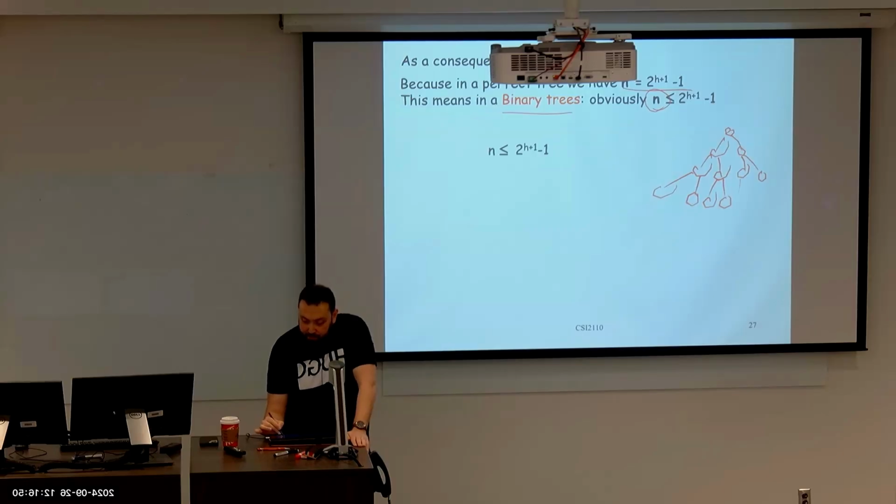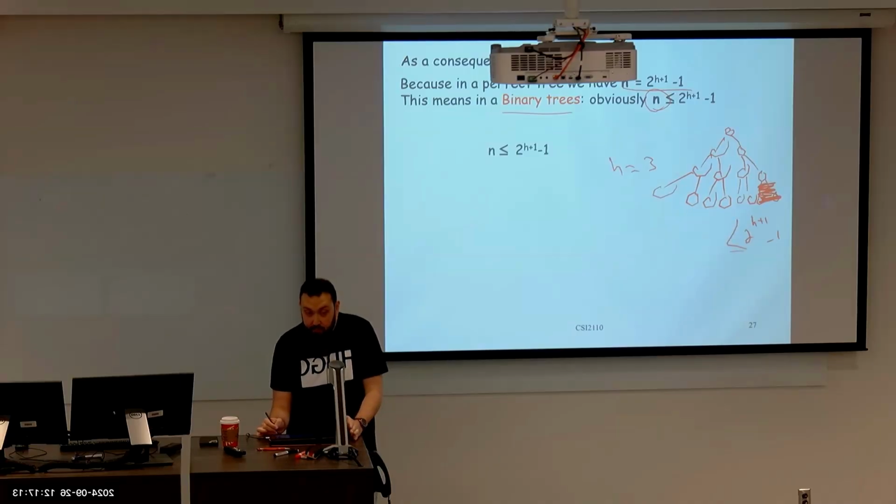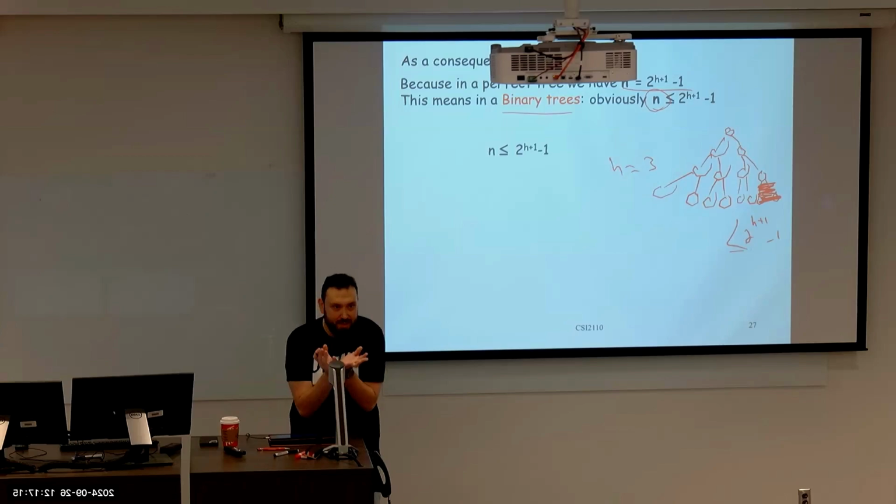In a perfect binary tree, I know for sure that the number is 2 to the power of h plus 1 minus 1. So what is h here? 3. Correct? If I don't have these two here, I can't guess exactly what it is, but I know for sure that it may be less than or equal to this number. Okay, just basic things.